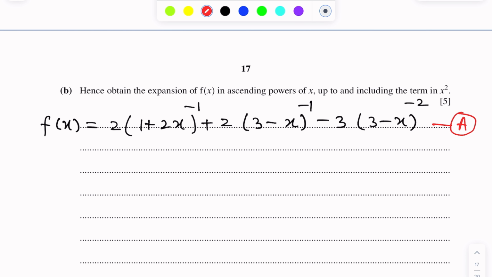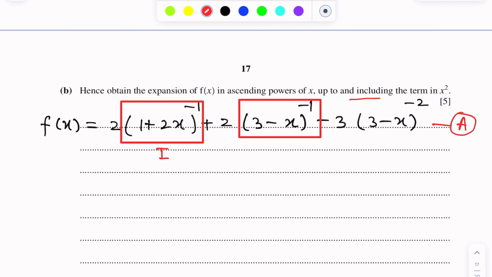We will make a box. We will represent each expansion, each function by a box. Let this be box 1, this is box 1 and this is box 2, and this is box 3.